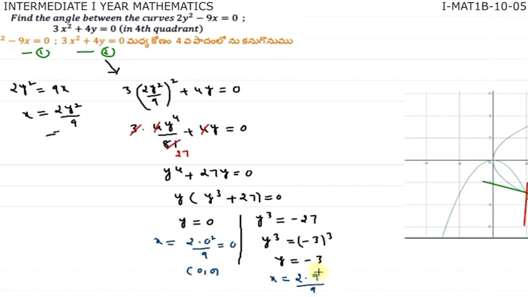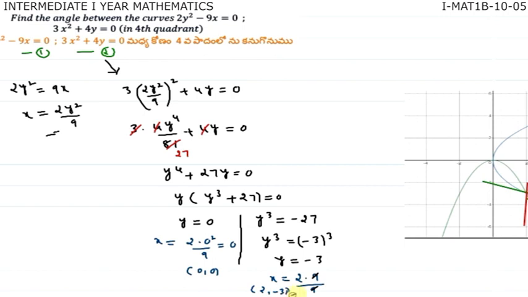Here 9 cancels. So I will get another point here. X value is 2 and y value is minus 3. Therefore another coordinate is 2 comma minus 3.